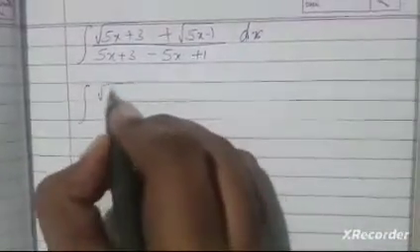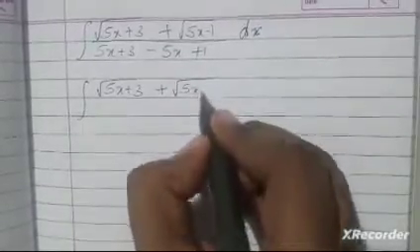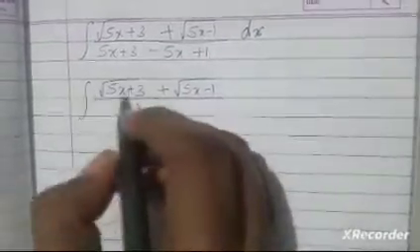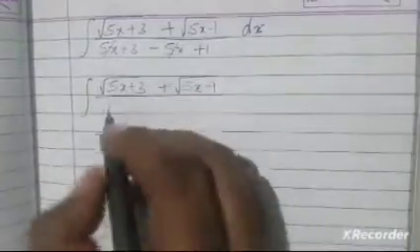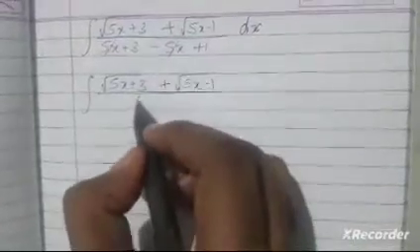Further integration root 5x plus 3 plus root 5x minus 1 divided by, this gets cancelled, so 3 plus 1 is 4 dx. Now we will take 1 by 4 common, integration root 5x plus 3 plus root 5x minus 1 dx.